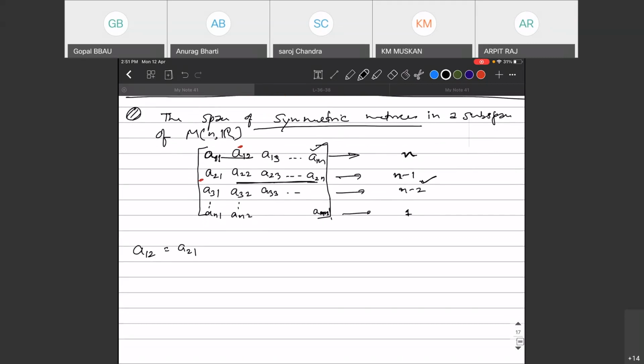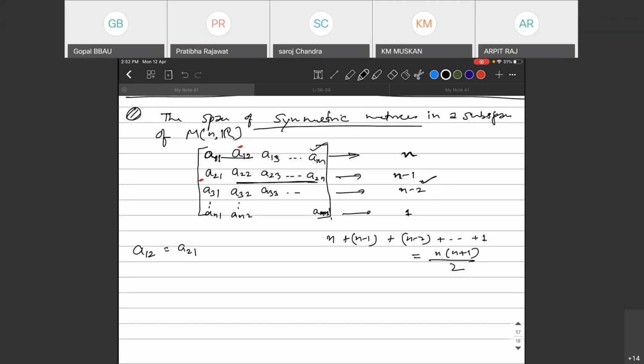So total how many entries? n plus n minus 1 plus n minus 2 up to 1. Do you know what is the sum? The sum of the first n natural numbers is n into n plus 1 by 2. Correct.